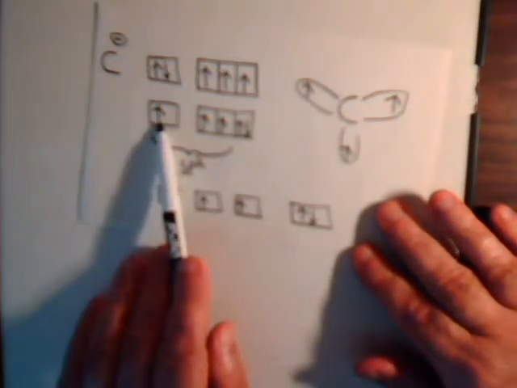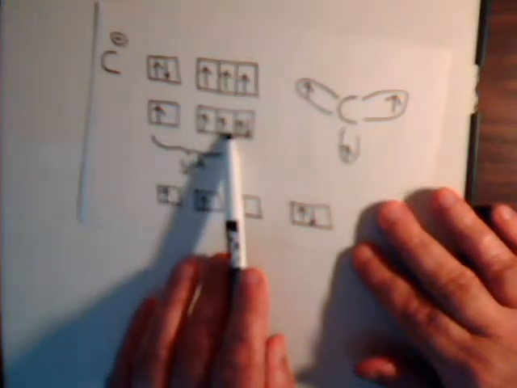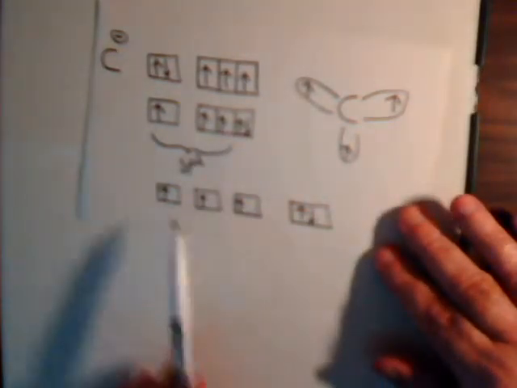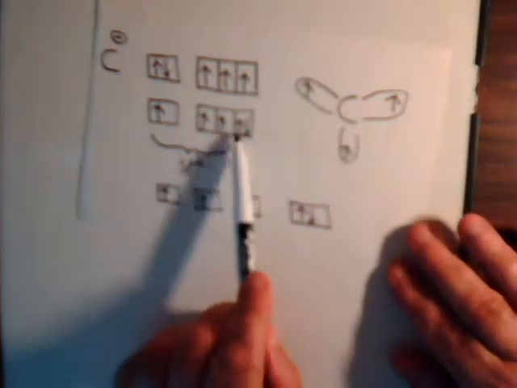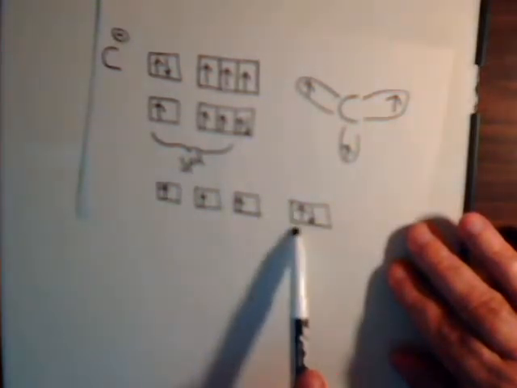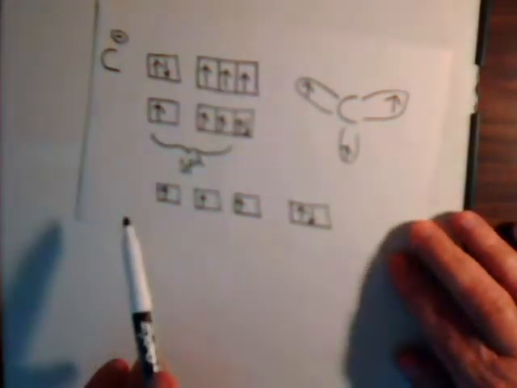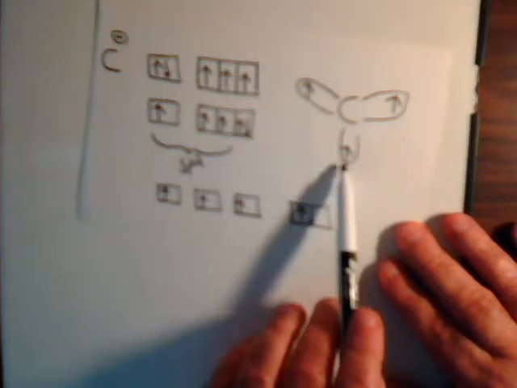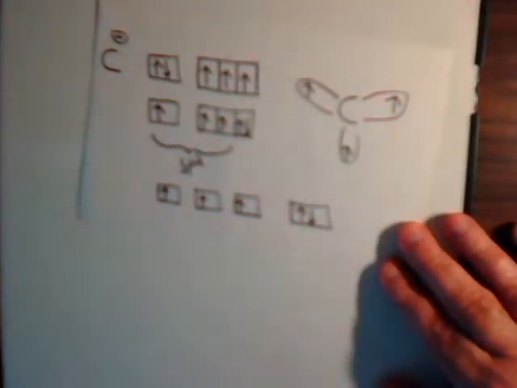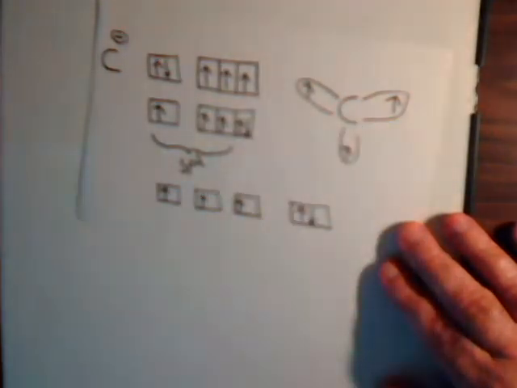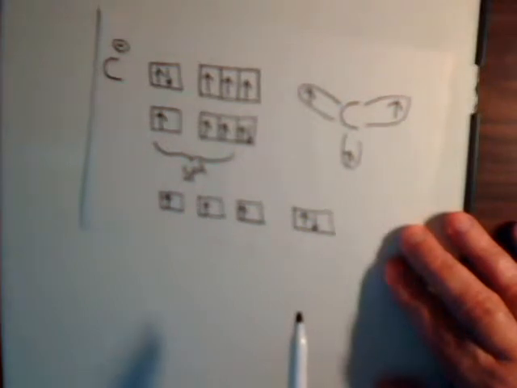So the one s orbital combines with the two p orbitals, the ones that have the single electron, to form three equivalent sp2 molecular orbitals. The p orbital with the lone electron pair is not hybridized. So the carbon with the negative charge then, remember the sp2 molecular orbitals have 120 degrees between them, they're planar, and then the pi electrons are above and below that plane, and this is called a carbanion.